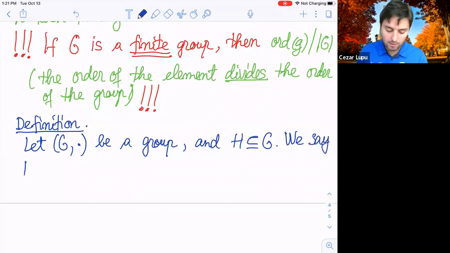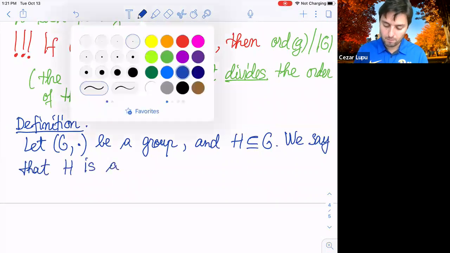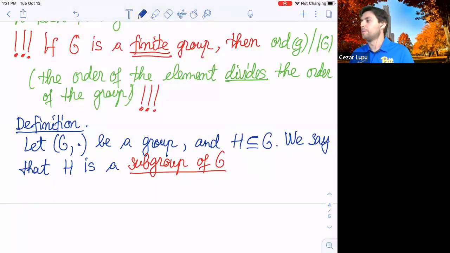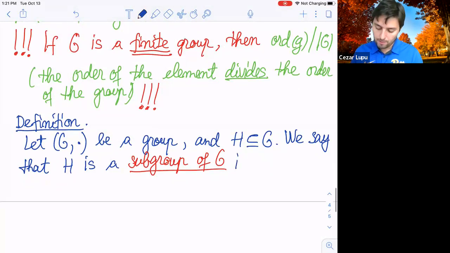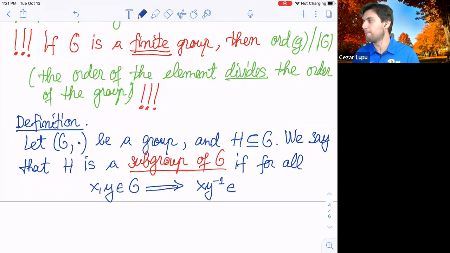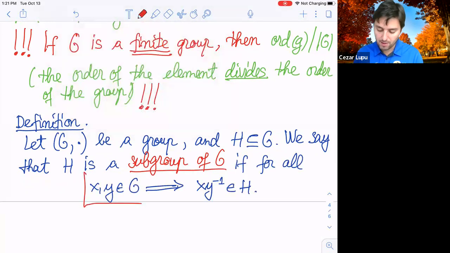So we say that H is a subgroup of G, right? If for all x, y in G, it follows that x y inverse is in H, right? That's the rule for the subgroup. Keep this in mind.